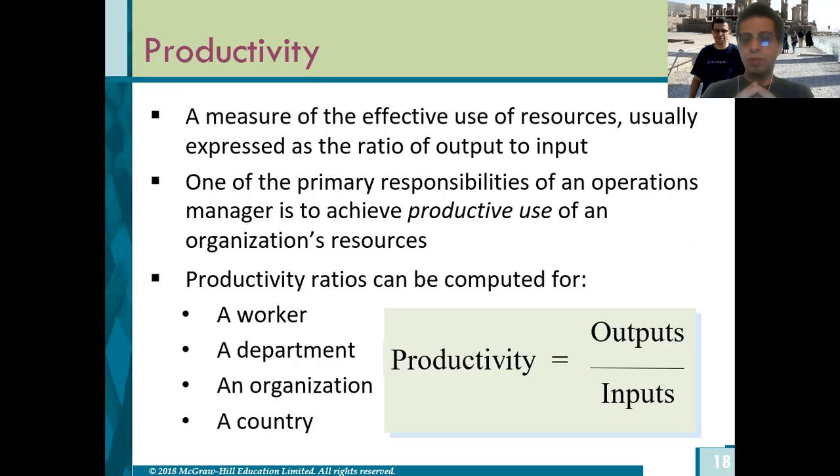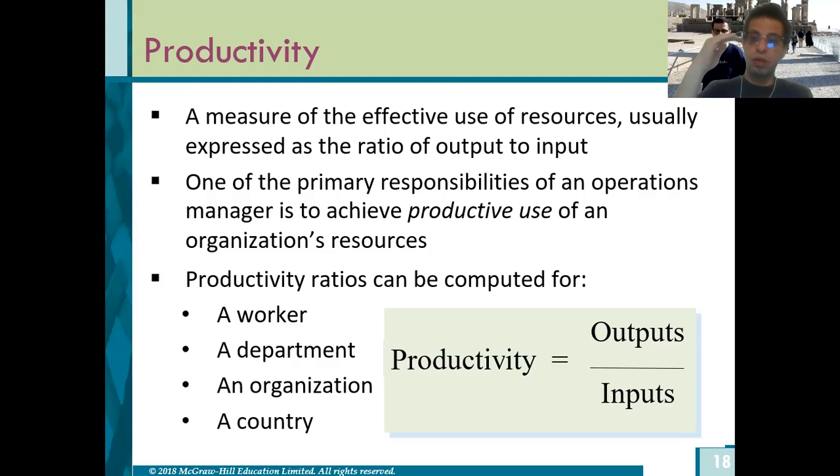One of the primary responsibilities of an operation manager is to achieve the productive use of organization resources. So we're talking about efficiency here. A productivity ratio can be computed for a worker, a department, an organization, or a country.